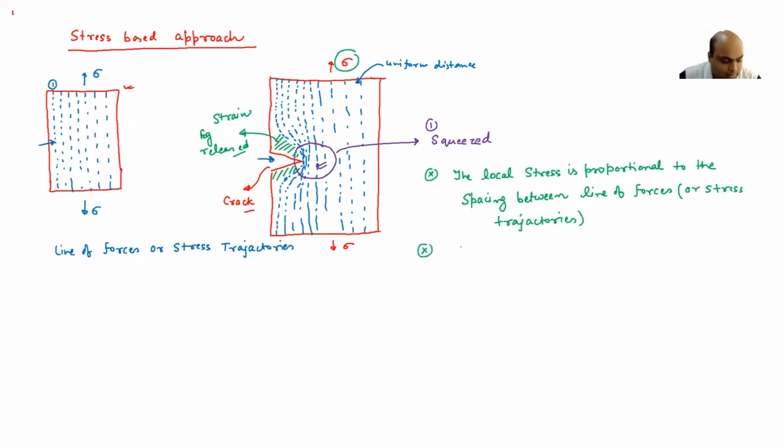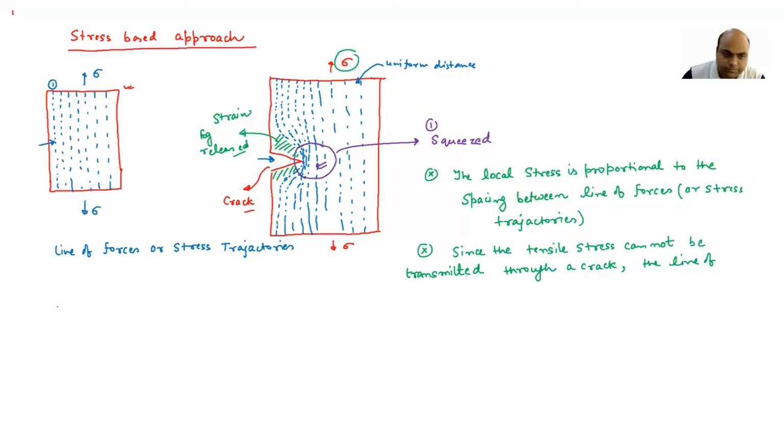Now the other observation is, since the tensile stress cannot be transmitted through a crack, the line of forces are diverted around the crack.